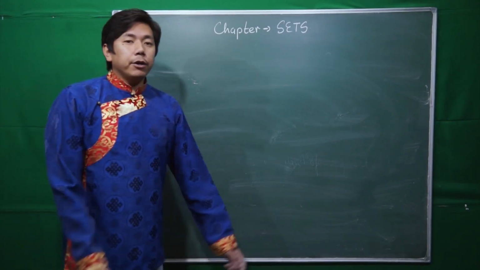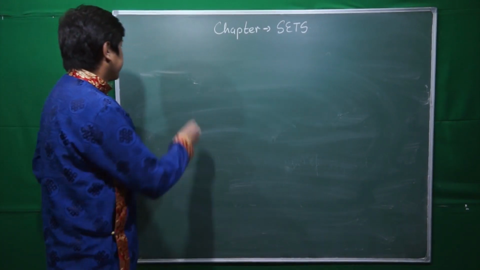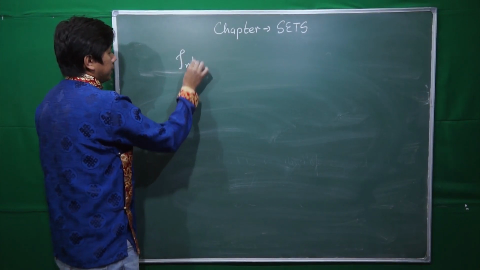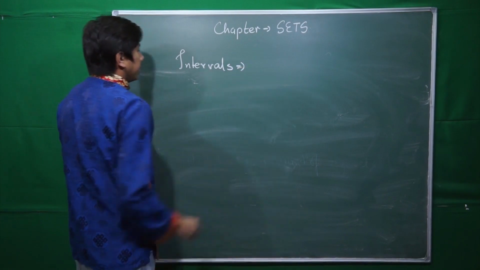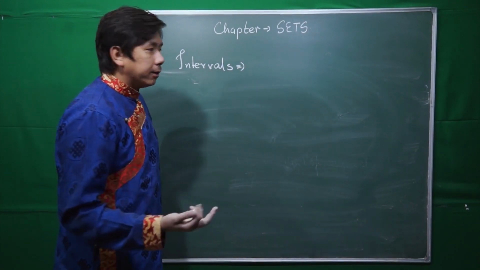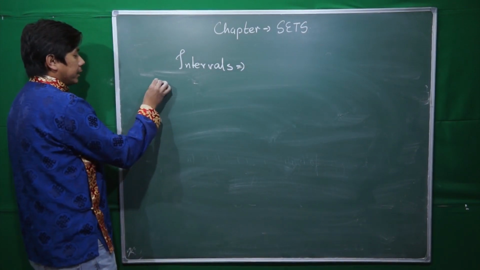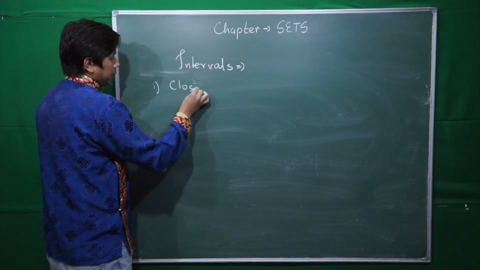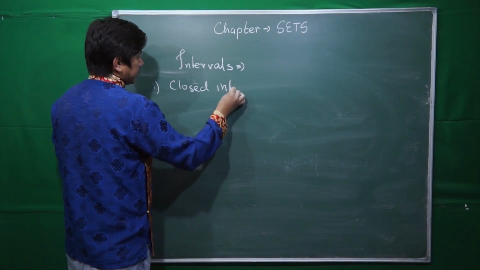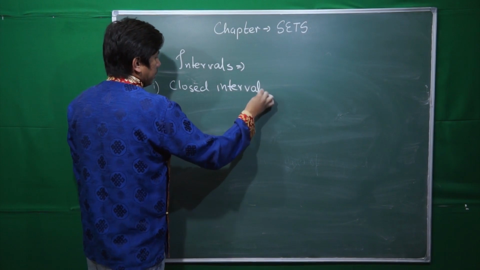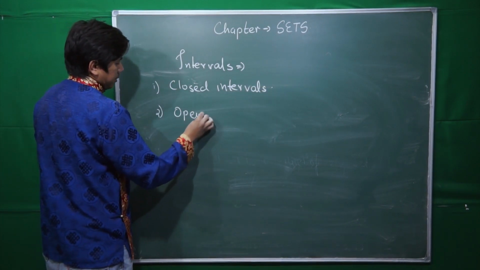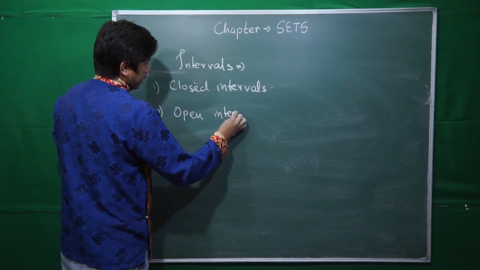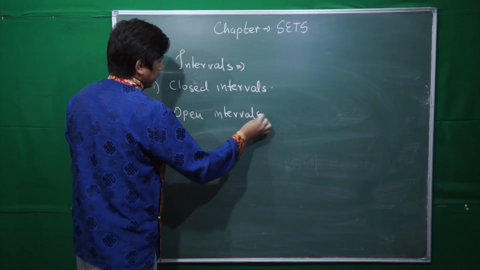So next we are going to talk about intervals and their representation. There can usually be 3 kinds of intervals in mathematics. First interval is closed intervals. Second one is open intervals.